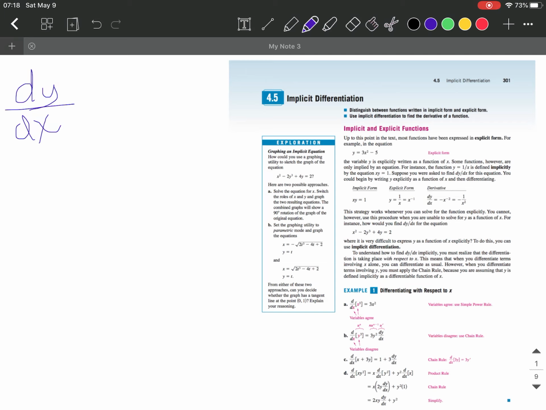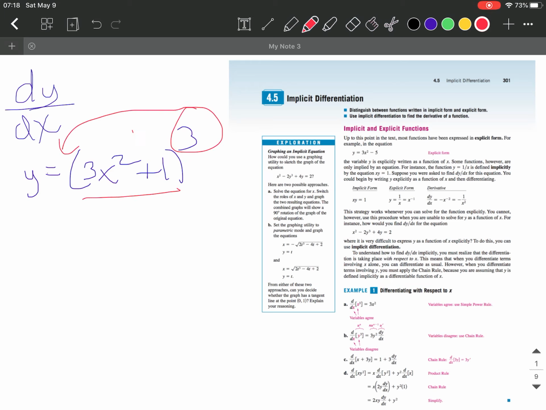When you use the chain rule, you did y equals 3x squared plus 1 to the third power. And then you said, oh, okay, I'm going to use the derivative of the outside part, assuming this is u. So it's 3, lo de adentro queda igual, so the inside part remains the same.